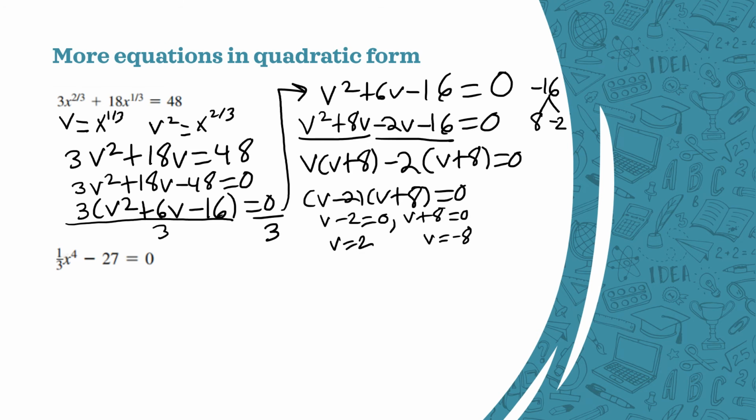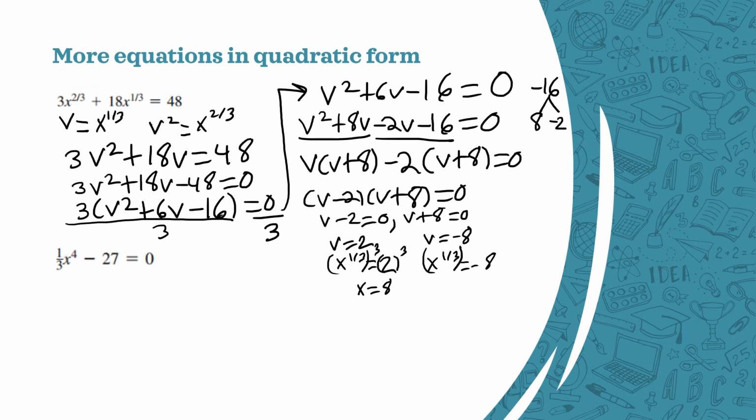But again, I'm trying to solve for x. So what does v equal? v is x to the third. So x to the third equals 2, and x to the third equals negative 8. If I cube both sides of this, that gives me x equals 2 to the third, which is 8.